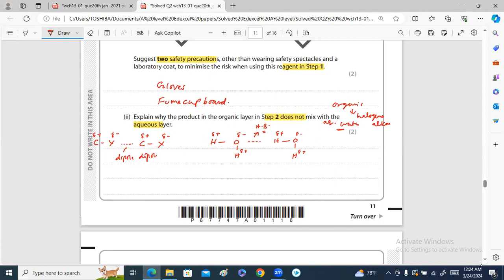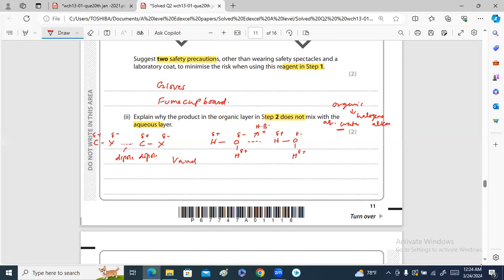Now, if the halogenoalkane is mixed with water, there must be a new attractive force between halogenoalkane and water molecules. These van der Waals forces are not strong enough to overcome the hydrogen bonding between the water molecules. So that's why this happens.